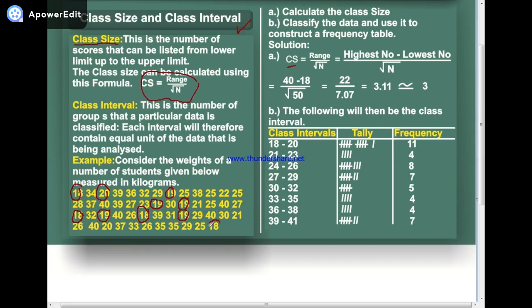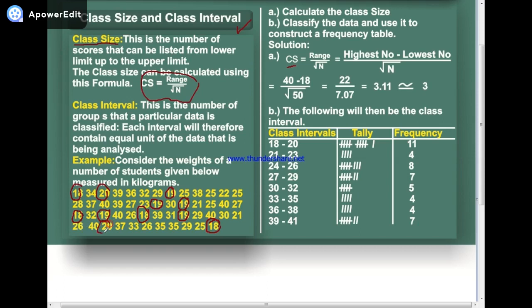18, that is 10. I think we've omitted 1. So let's check it very well. 18, 19, 20, 21, 22. 3, 4, 5, 6, 7, 8, 9, 10.